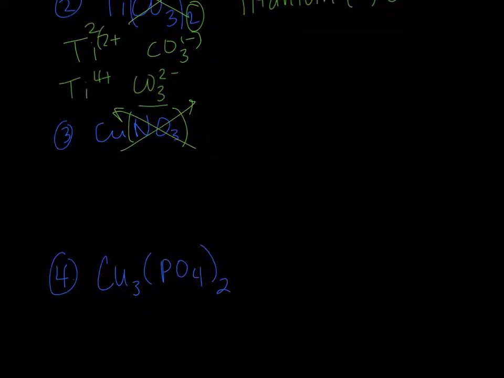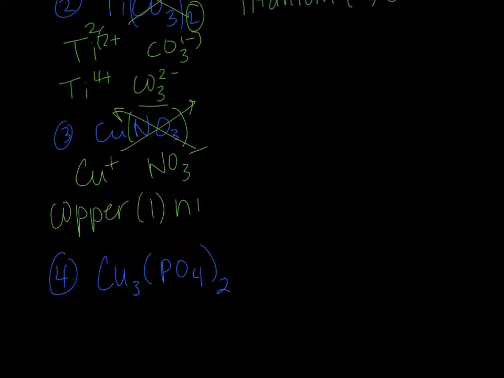And then I have 1 copper, so I can bring that number up. So you have Cu plus and NO3 minus. Now I have to check my charge for nitrate. Right? And that is correct for nitrate. It's -1. And so when I name this, it's going to be copper 1 nitrate.